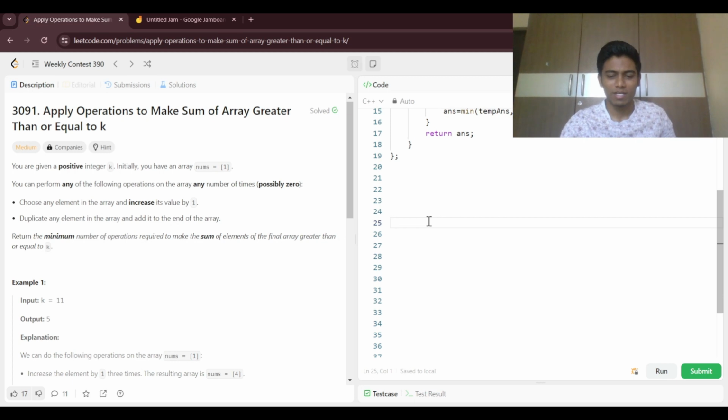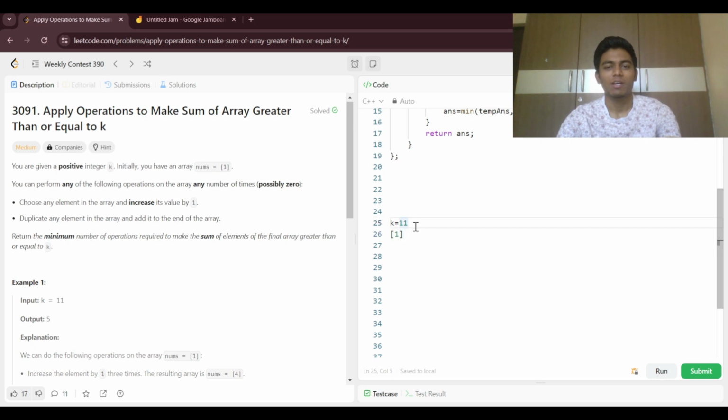So let's take this particular example where we have k equal to 11. That means we are going to make this array with the sum value equal to 11 or more than 11. Suppose I have 1 initially.